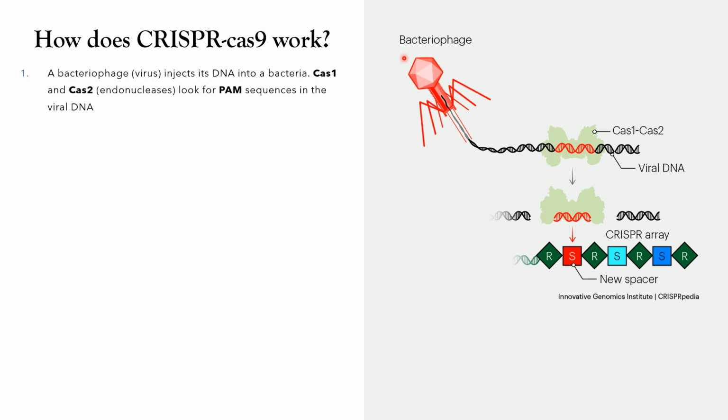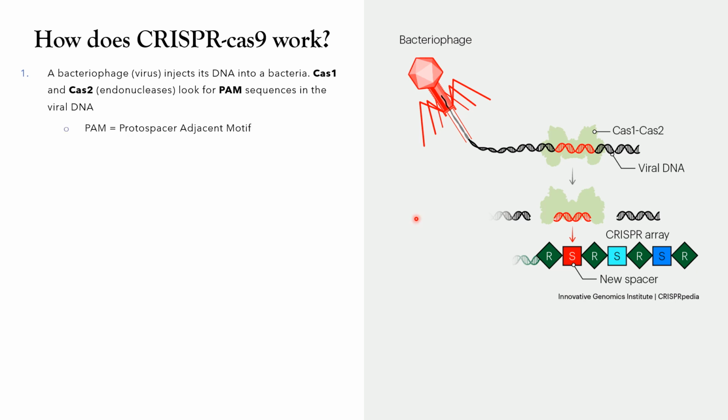First we have this bacteriophage virus injecting its DNA into the bacteria. This strand here is the viral DNA. We have endonuclease enzymes called Cas1 and Cas2 that look for PAM sequences in the viral DNA.